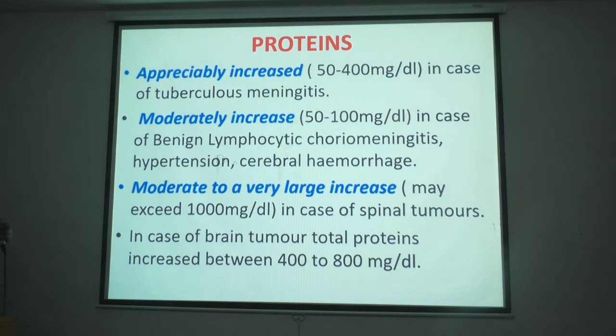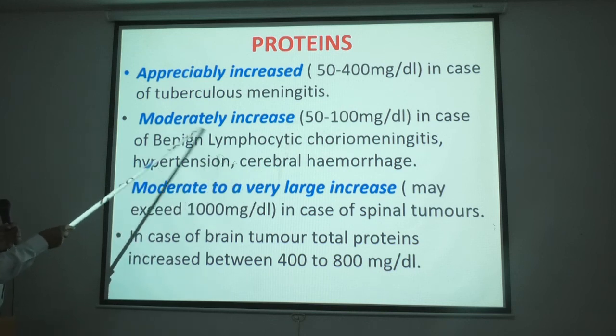Proteins are increased to about 50 to 400 mg per dl in tubercular meningitis, highly increased. Moderately increased, 50 to 100 mg, in benign lymphocytic meningitis, hypertension and cerebral hemorrhage.